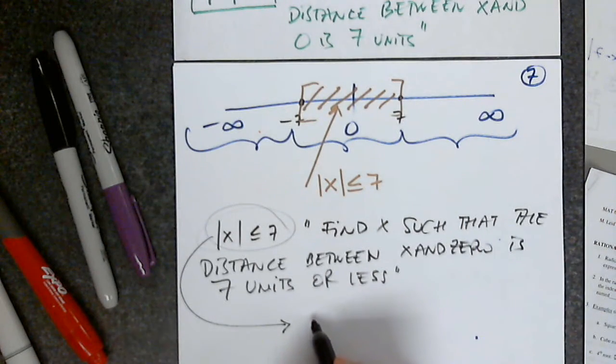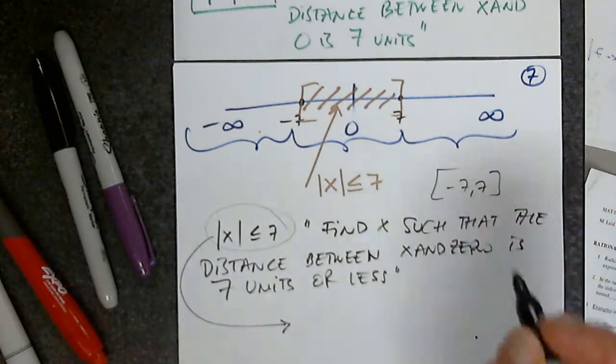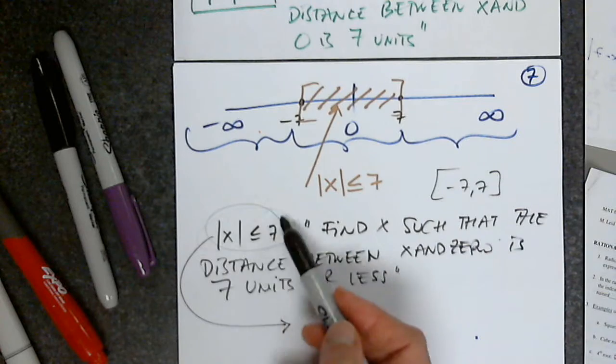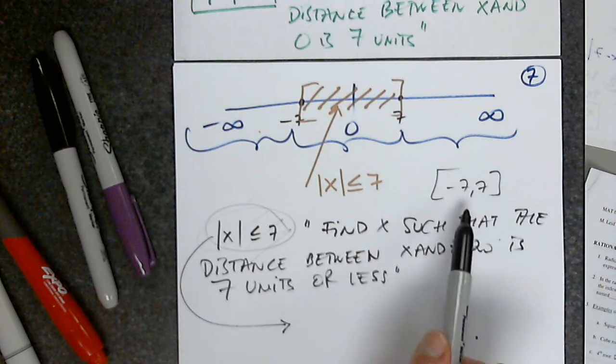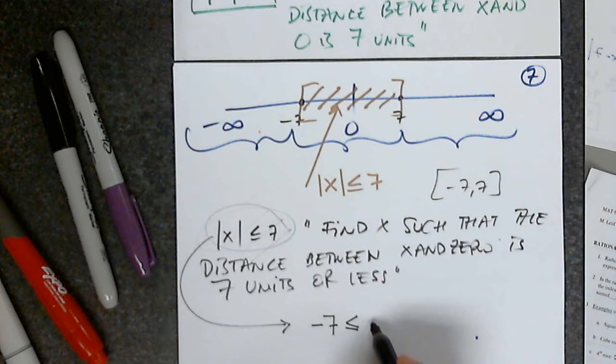Interval notation. Before that, yes, the interval notation would be negative 7, 7. But how do I write this to reflect that? That's it.